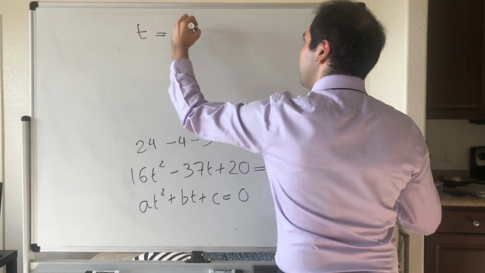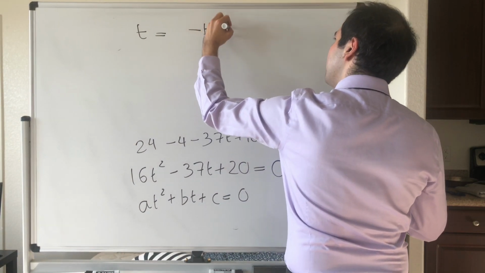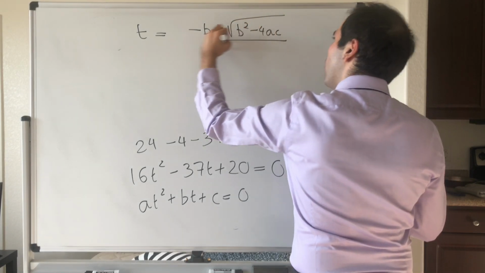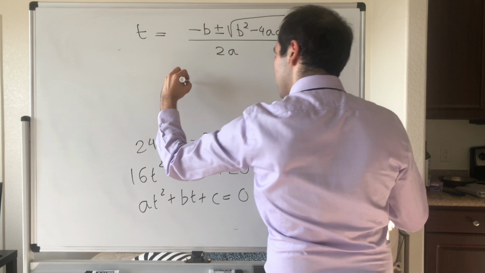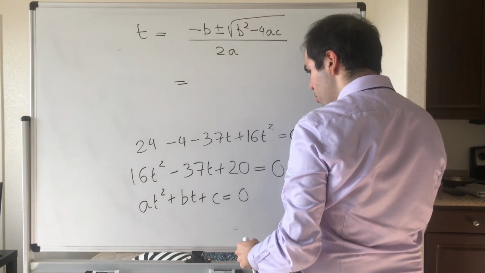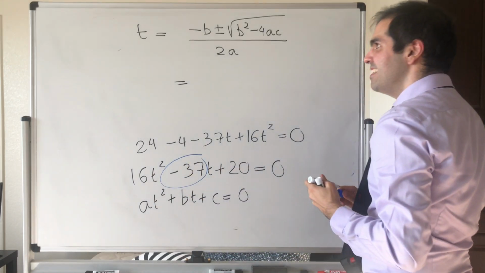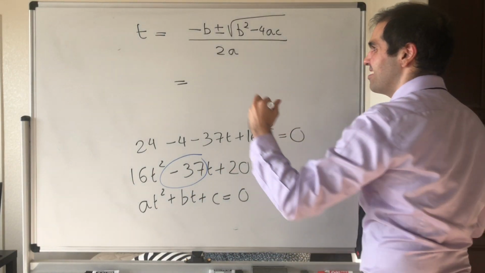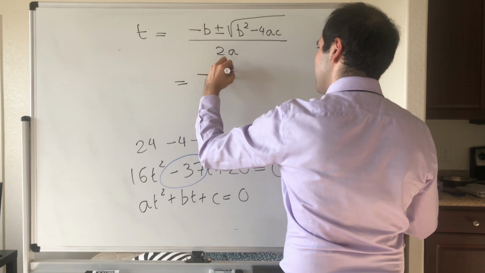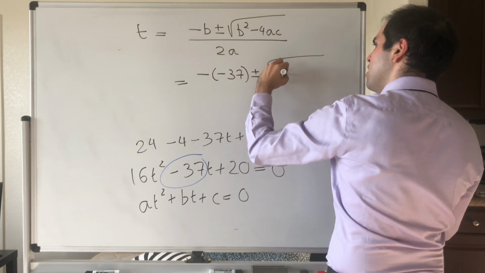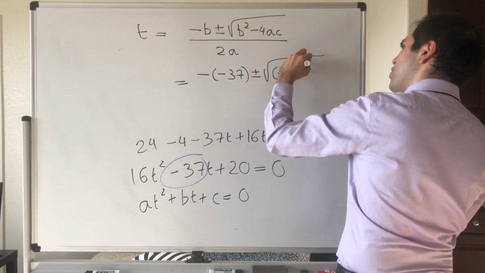T equals, again, minus b plus or minus square root of b squared minus 4ac over 2a. And so, remember, b is minus 37. So minus b is minus 37. So just be careful. Okay. Plus or minus square root of minus 37 squared.